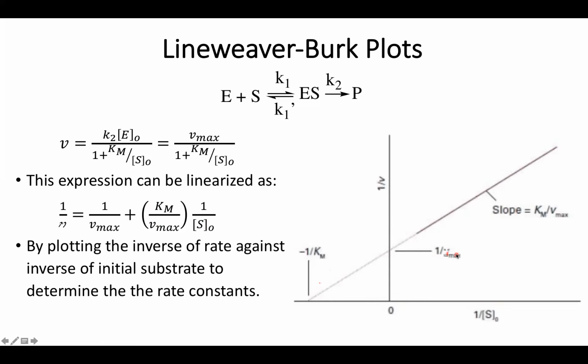And the reason why this is so beautiful is that once I have this maximum rate, if I know the enzyme concentration, I can use that to back calculate my K2. And I can also use this Vmax to help give me my Michaelis constant from the slope. Because as soon as I know my Vmax, I know my slope, I know my Michaelis constant.